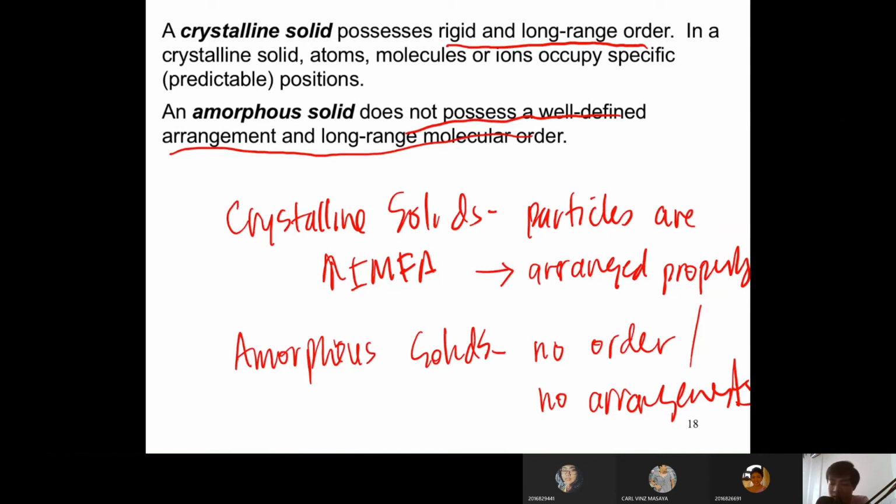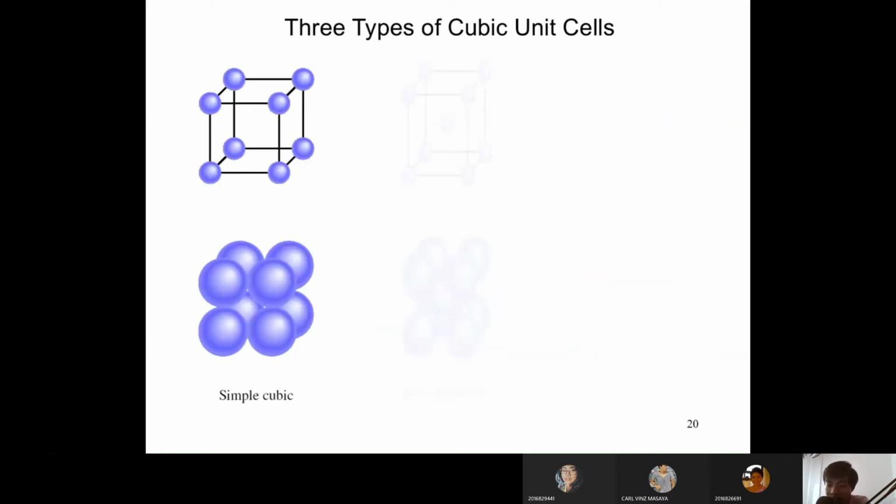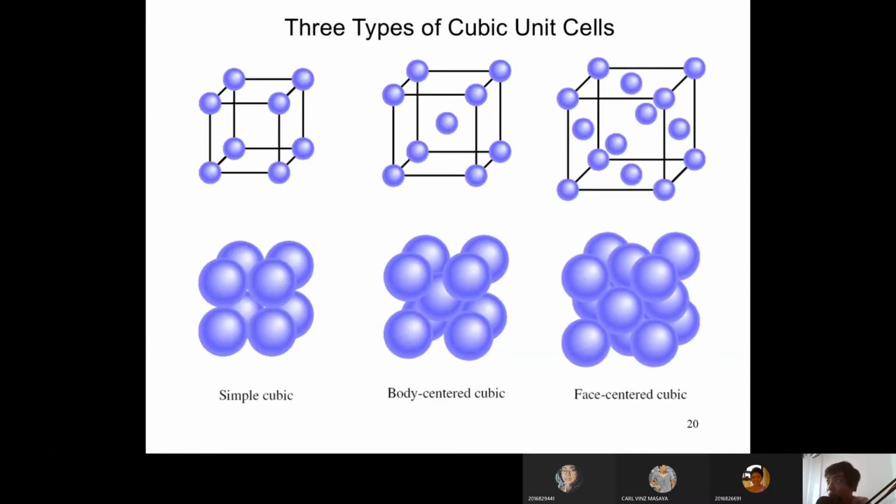So, punta muna tayo sa crystalline solids. Ano po ba yung itsura nila? Ganito lang naman yung mga itsura ng crystalline solids natin. May order, may arrangement, may pattern. So, ito yung mga uri ng patterns na sinusunod nila. May simple cubic, body-centered, and face-centered. Pag simple cubic, all the atoms are on the corner of a cube.